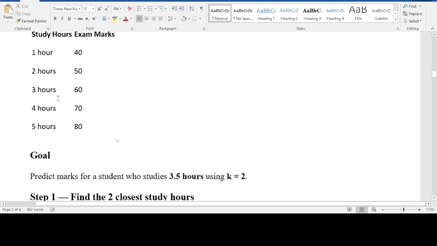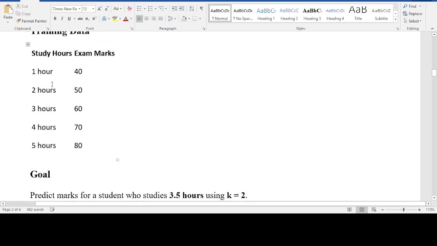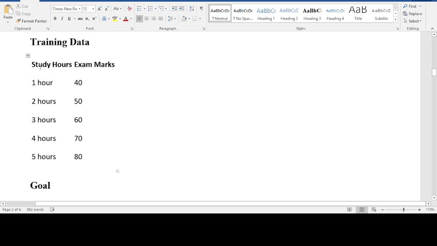If a student studies 3 hours, he is going to get 60 marks, like that. This column is the independent variable. This column is the dependent variable. It means the outcome depends upon the number of hours. In this, what is x, what is y? Study hours is x. Marks is y.